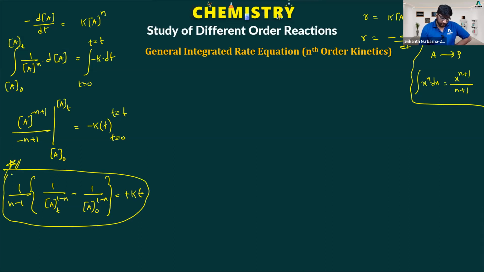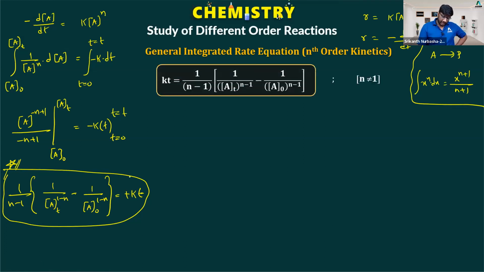Is that clear or not? Any calculation mistake? If you find out, you can let me know. kt is equal to 1 by n minus 1 into concentration of A at time t whole power 1 minus n. You are getting n minus 1 here. Check it out once. Yes, I'm taking the reciprocal, right?